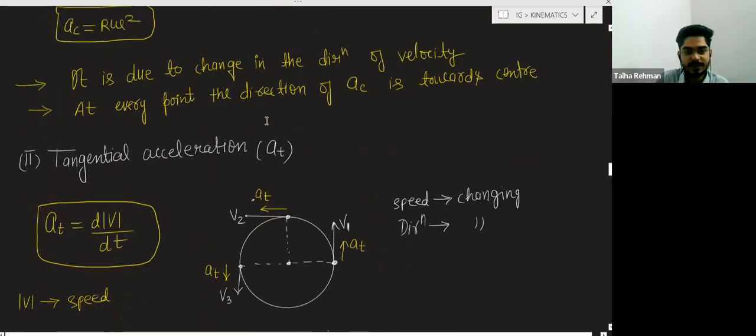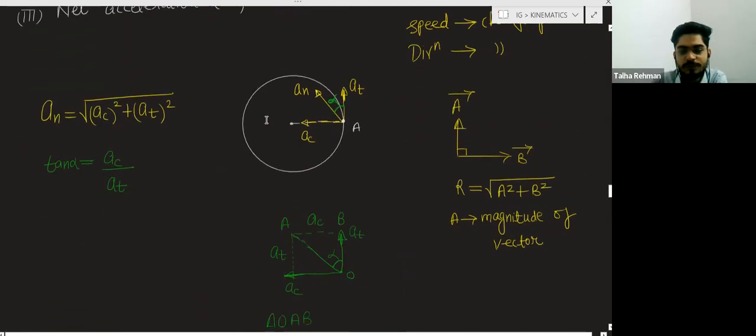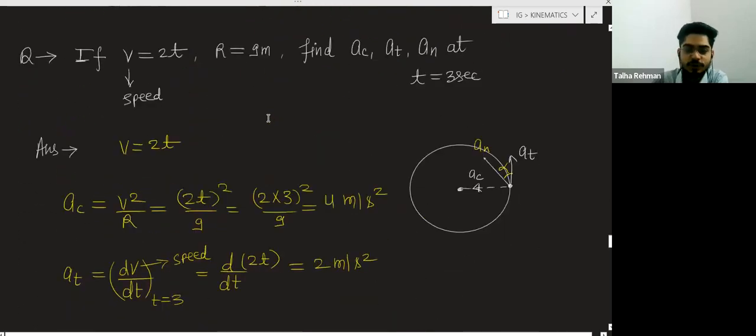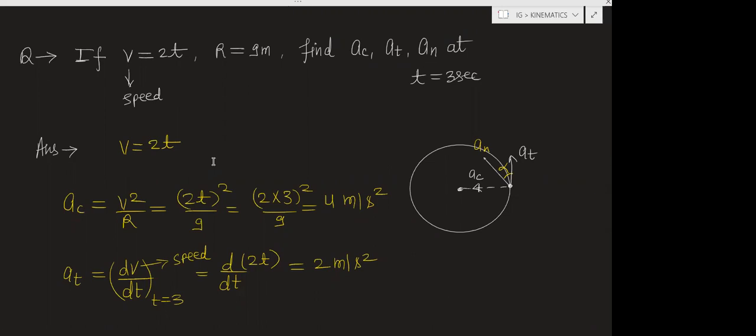Okay, so basically you have a little bit of problem in solving the numericals. Do one thing: try to solve these numericals by yourself once, and after that, if you are facing any doubt, any problem, then in the next class we will discuss that. Okay, sir. Yes, sir.